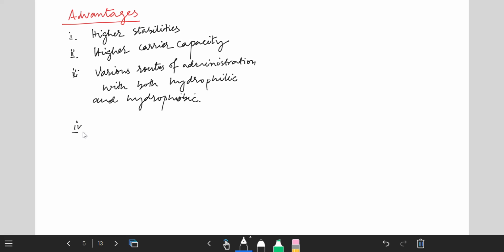And the fourth one is it can be stored for a longer period of time and reduces the dosing frequency.